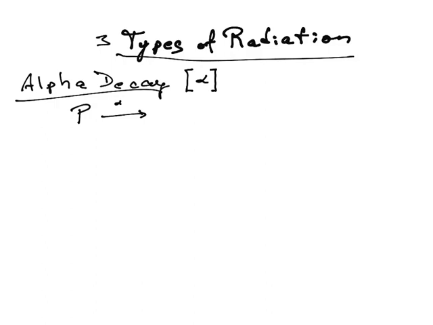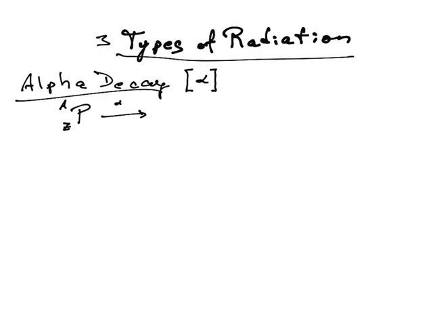let's say the parent nucleus will have an atomic number of Z, so that's the number of protons, and an atomic mass, we can call that A, that's usually what chemists label them.